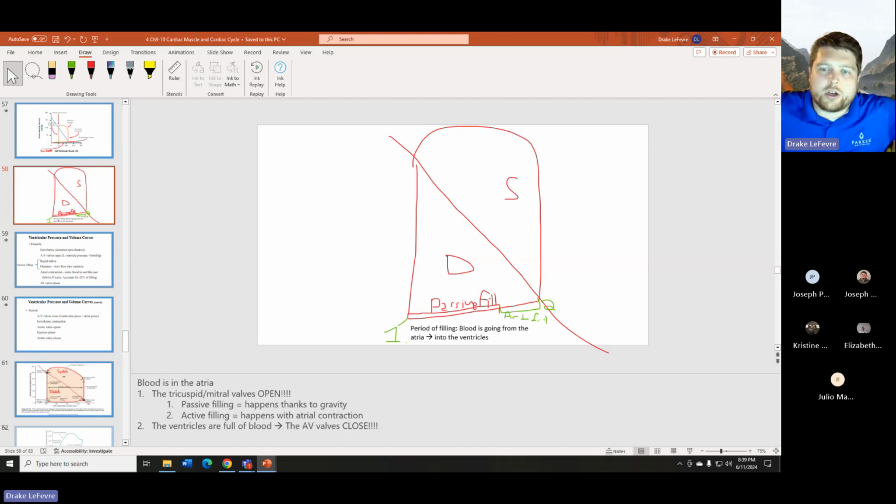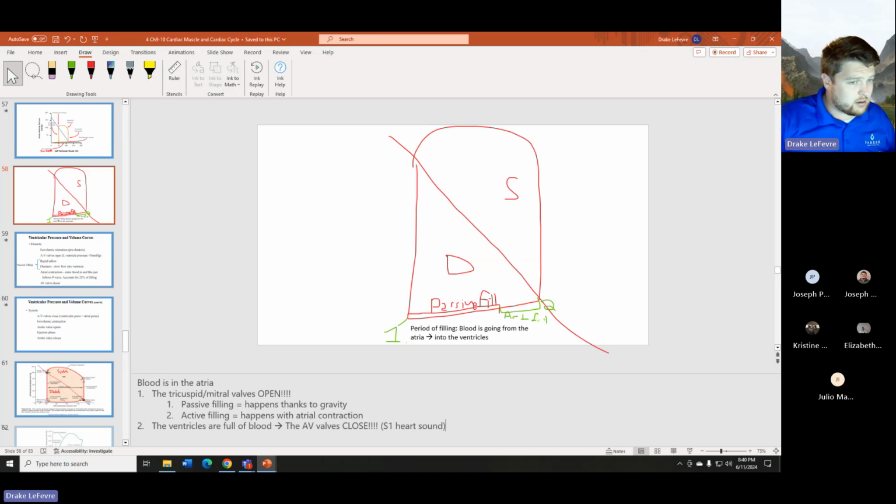Close. When you slam a door, it's hard to slam a door open, right? You just open it really fast, it doesn't make noise. When you slam the door shut, it makes noise. This is where we get our first heart sound, okay? This is our S1 heart sound.